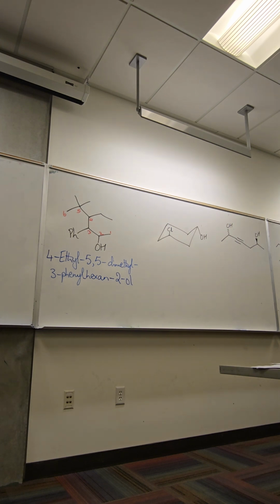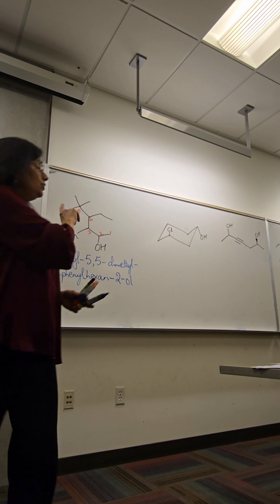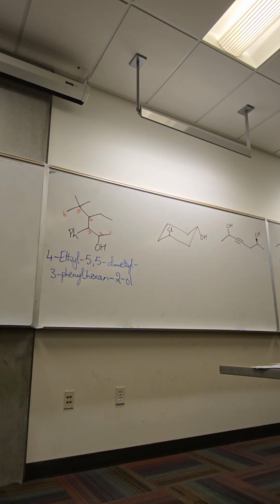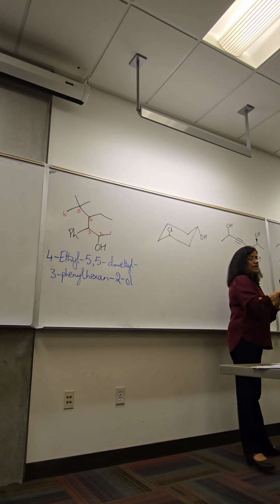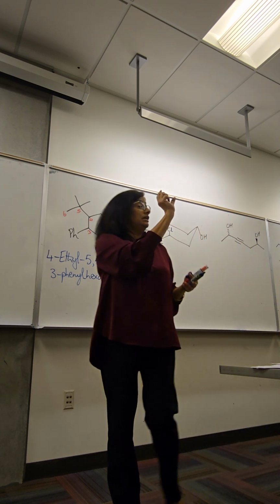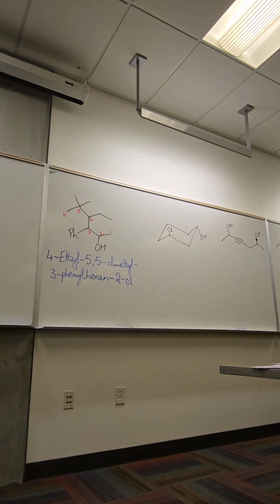This is the OH, so before that. Make sense? I didn't know if it would be 3-phenyl 2-hexanol or like 3. So that is an old way of doing things. The new way, which is what I think is the best way, because what if you have this? Then that way doesn't work. So let's just put it right before that piece in the name. Removes all confusions. Okay, does that sound okay?